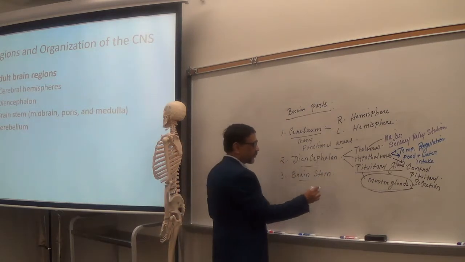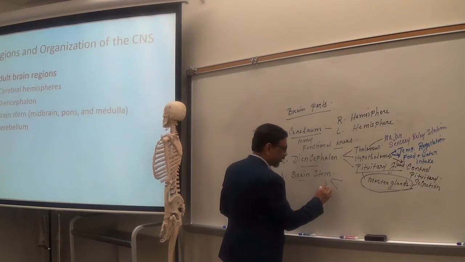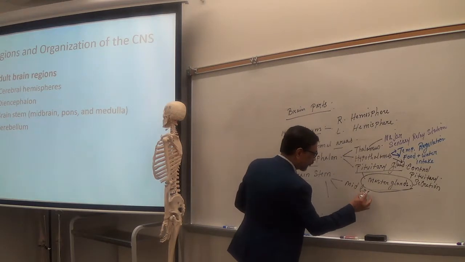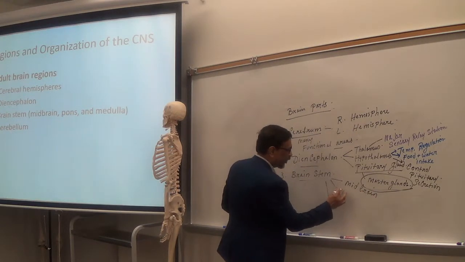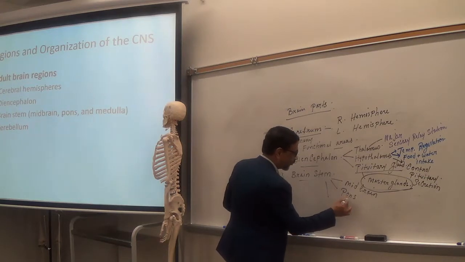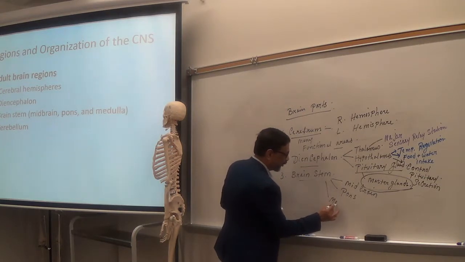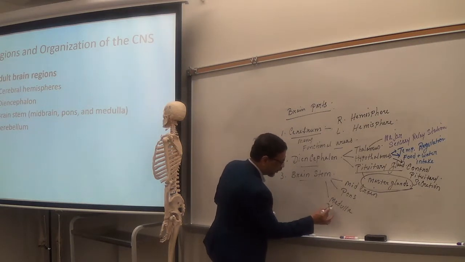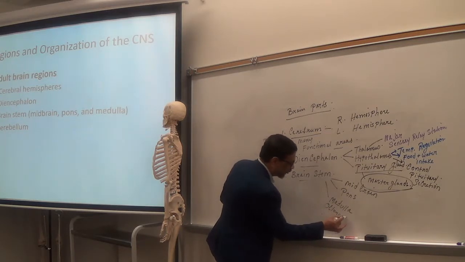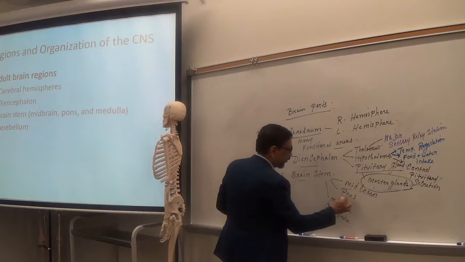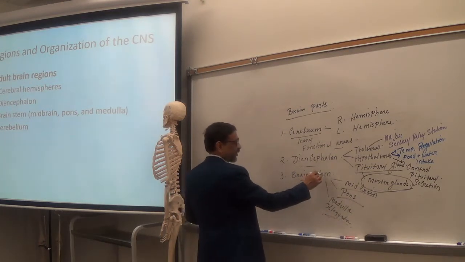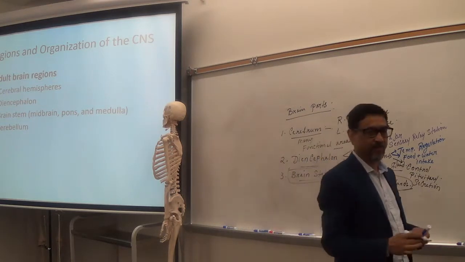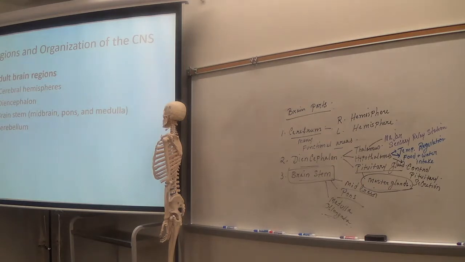Brainstem consists of three structures: midbrain, pons, and medulla or medulla oblongata. So midbrain, pons, medulla oblongata, these structures form the brainstem. Okay? Make sense? Let me show you.